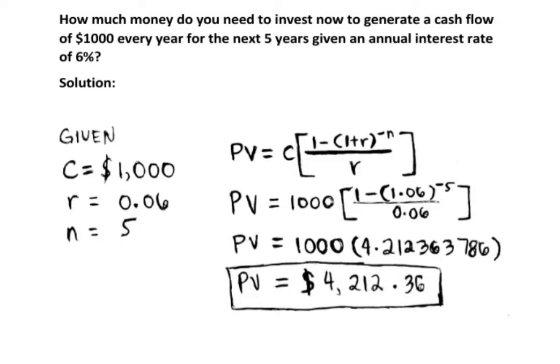Let's divide that by 0.06 and then you'll get 4.212363. So multiplying that by 1,000, this will give us the present value of $4,212.36. So that's how much money we need to invest now to generate a cash flow of $1,000 every year for the next 5 years.